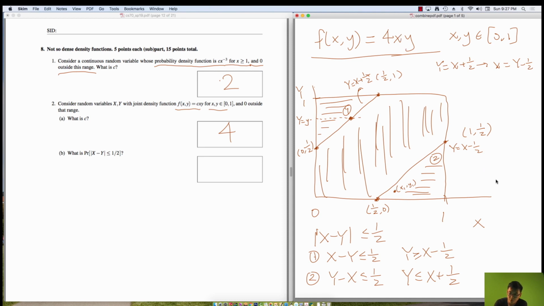So if I plug it into the formula, this point has a density of 4x1y1, right? But if I look at the reflection across the line y equals x, I can see that this point right here will have the same coordinates, but just flipped. So this point right here will have the coordinate y1, x1.